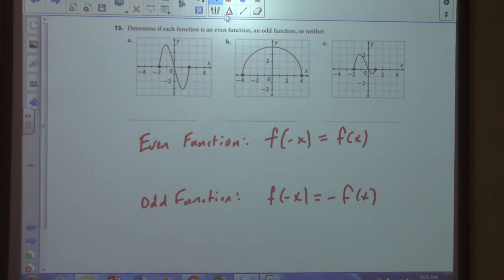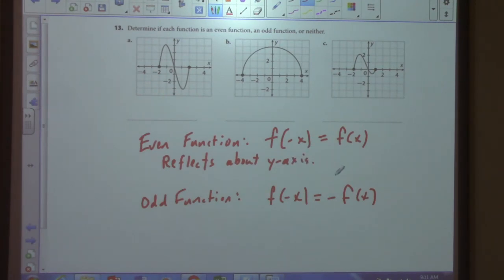Okay, even function, this is what this thing here means. Does anybody know what it means first, in plain English, before I write it down? Okay, yes, so Randy got it right. It reflects about the y-axis. That's what this is.